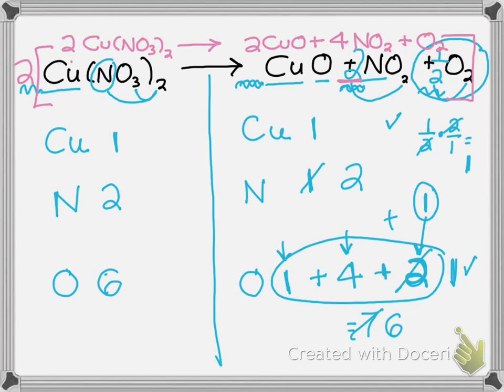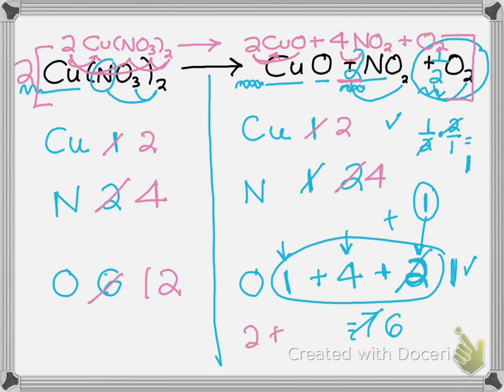So now let's check it. 2 times that, I have now 2 and 2, balanced. Then the nitrogens, I have 2 times 2, which is 4, and 4. And the oxygens, I have 6 times 2, which is 12. And here I have 2 plus 8 plus 2, which is 12.